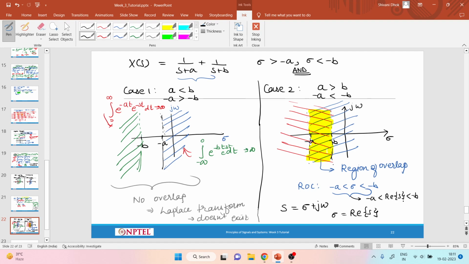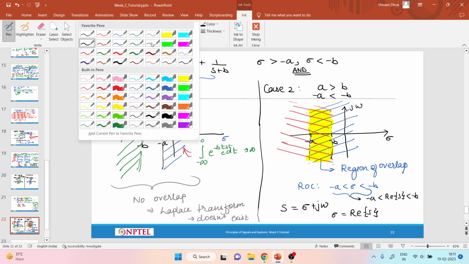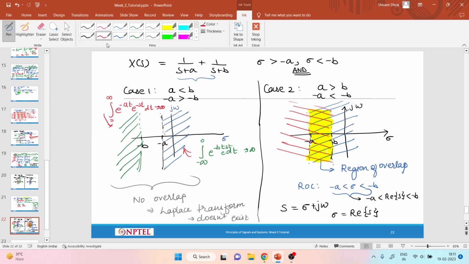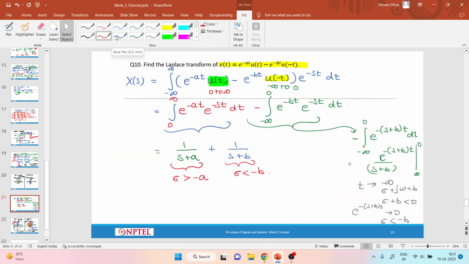So without even graphing, from the conditions of 1 by s plus a and 1 by s plus b, we can straight away say that minus a less than sigma less than minus b, right? No, actually, I didn't give any specific condition on a and b here. But in general, the questions that you will get will have some finite values, something like this: e power minus 2t u of t minus e power minus 3t u of t.